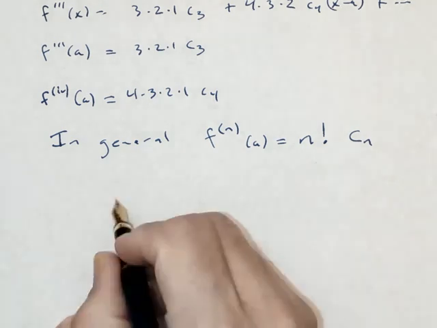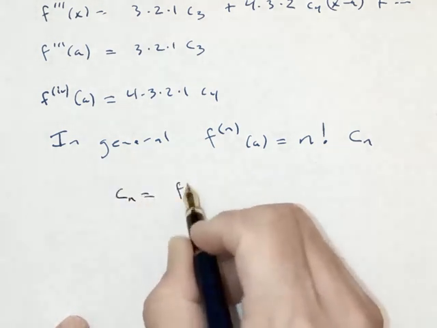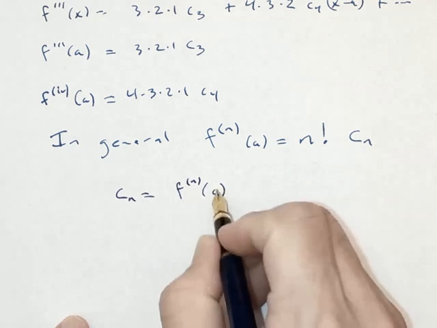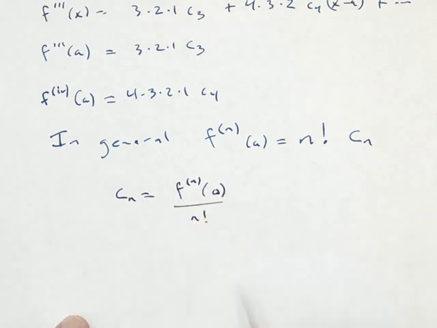Let's use this formula to solve for Cn. If I don't know a geometric way to get a power series, I don't have to, as long as I can take derivatives.